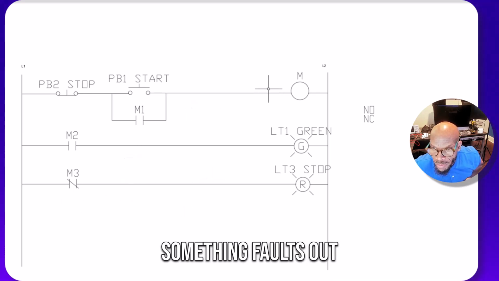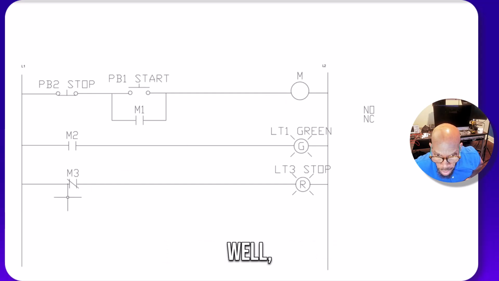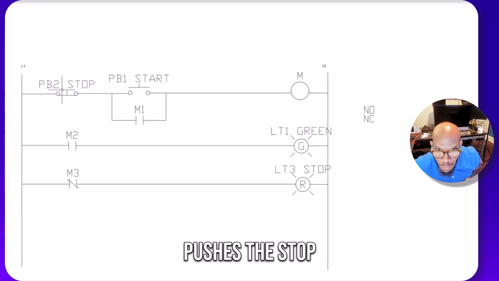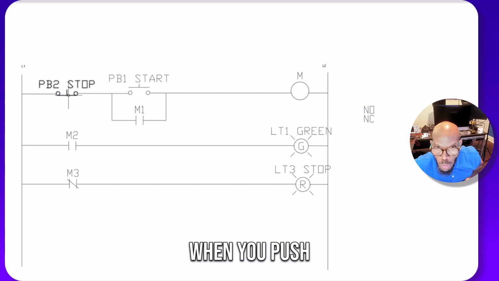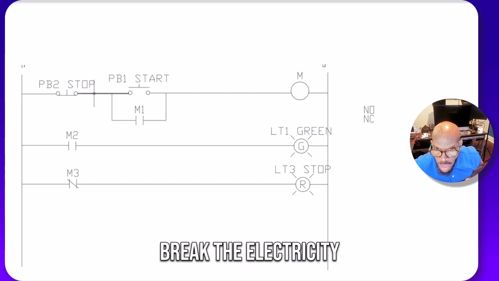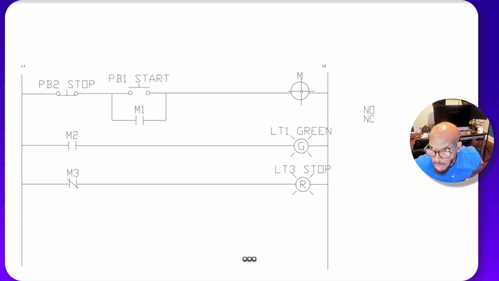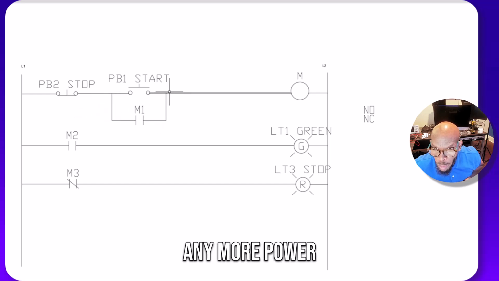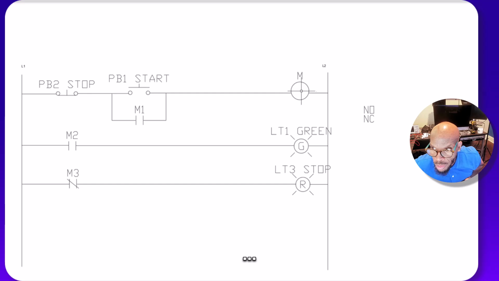So that's telling you that the motor is running. What happens if something faults out with the motor, or if somebody pushes the stop push button? The motor is going to stop running because electricity can't get through here. When you push this button, even for a brief second, it's going to break the electricity going to the motor, so there won't be any more power going to this motor. So this coil is going to de-energize.